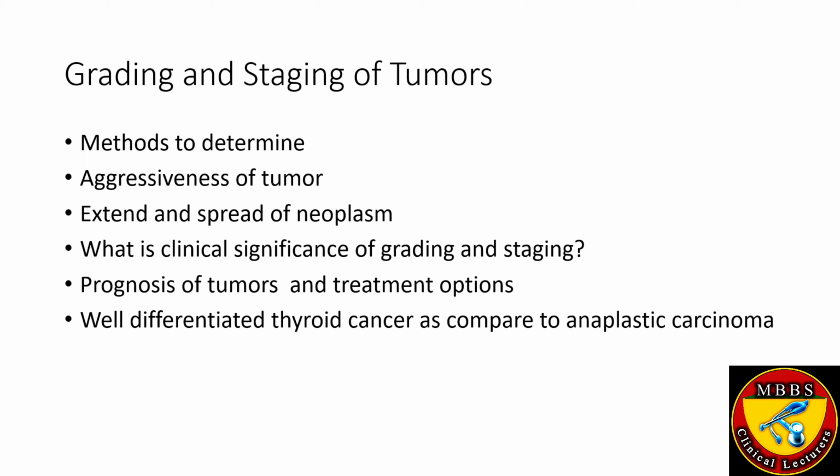And in the next slide, we will discuss the exact parameters on which we give certain terms like well-differentiated, moderately differentiated, and anaplastic carcinomas. So these terms have a particular importance in the prognosis of the tumors as well as in the treatment options.